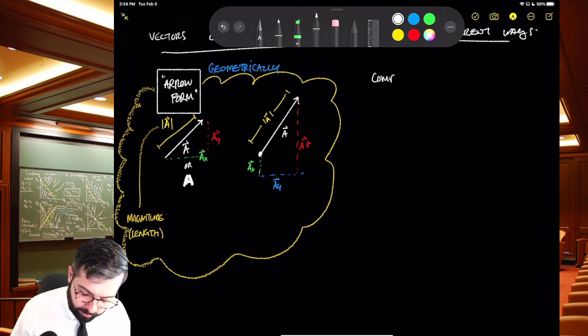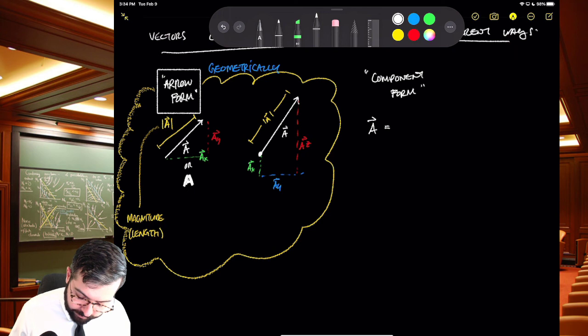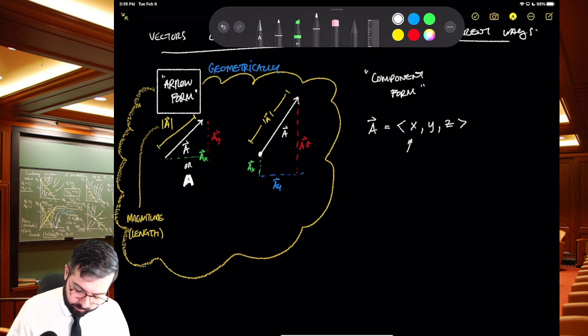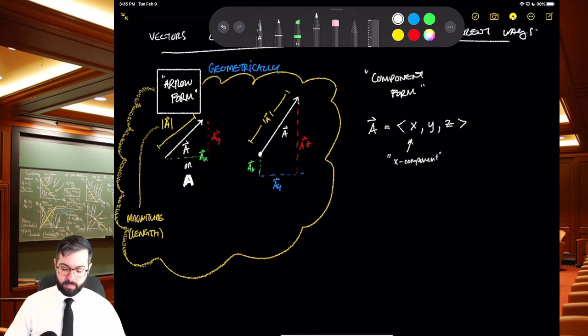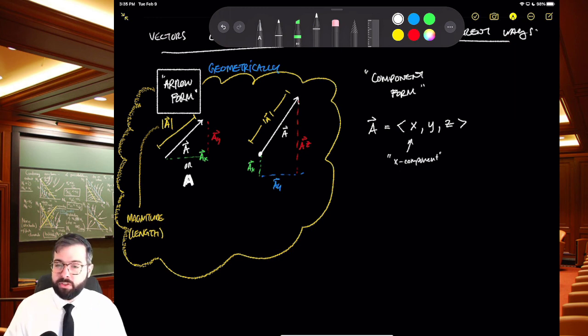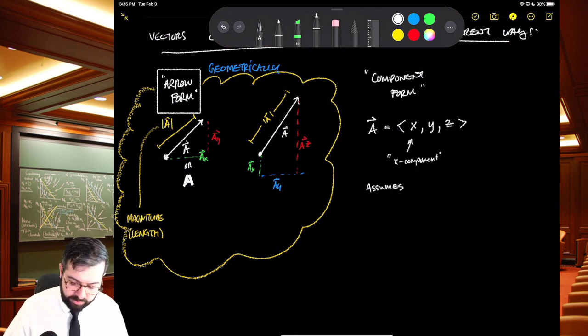So there's a component form, where we say the vector A is given to you in its x component, y component, and z component. This tells you how far over, how far out, how far up. This assumes that you're starting at the origin. Right? There's a base on the arrow and a tip of the arrow.